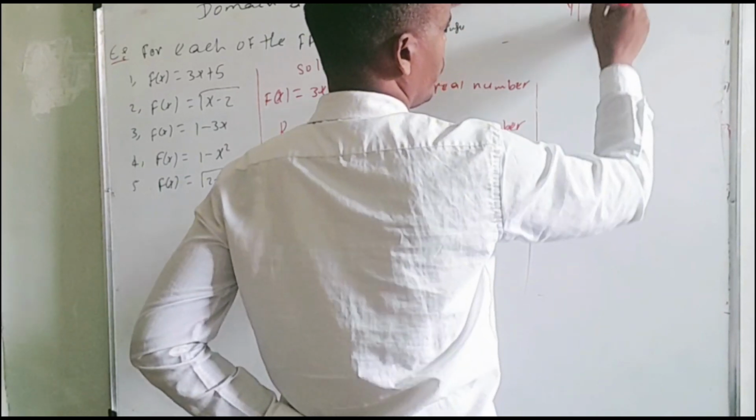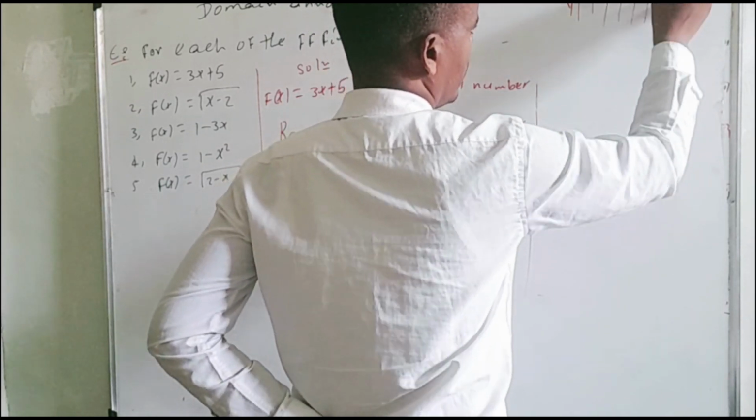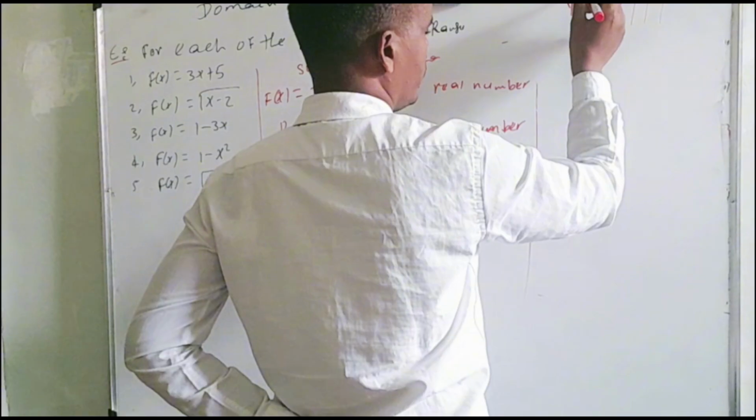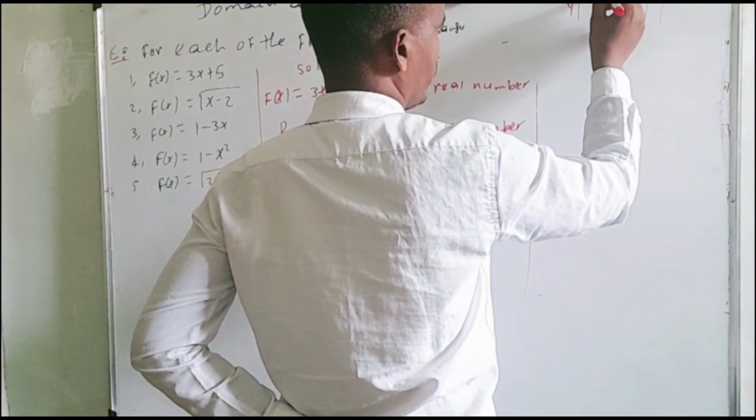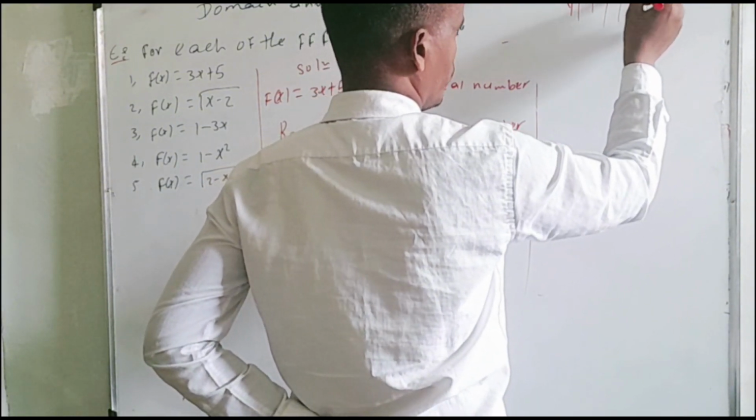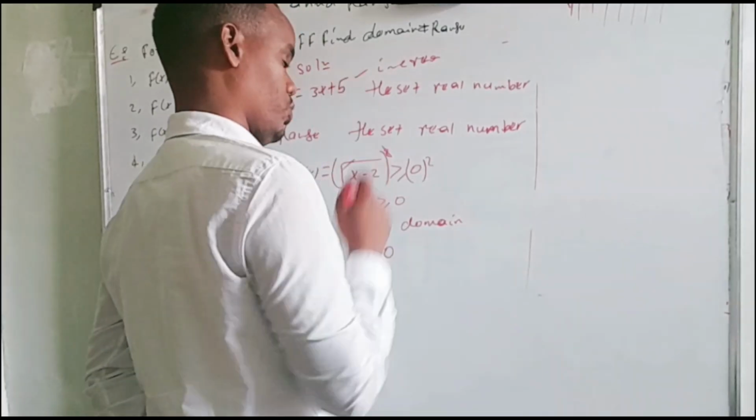Here is the value of x, the input: minus 3, minus 2, minus 1, 0, 1. Then what will be the output?